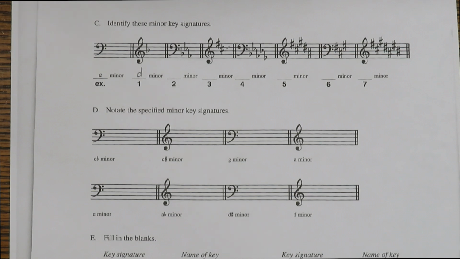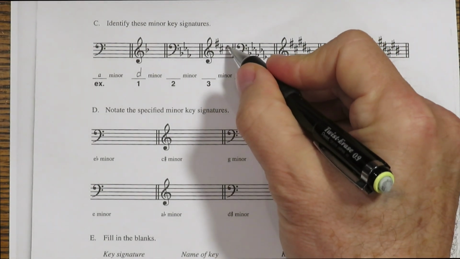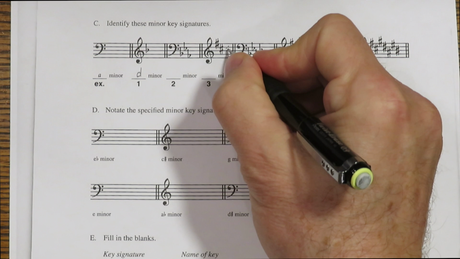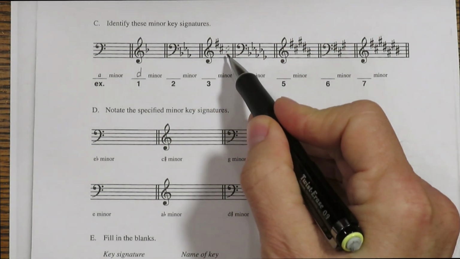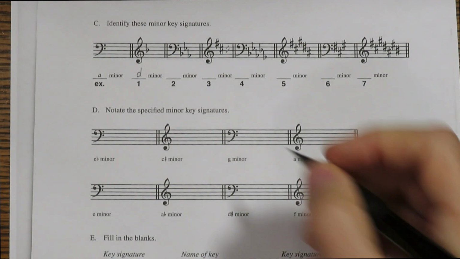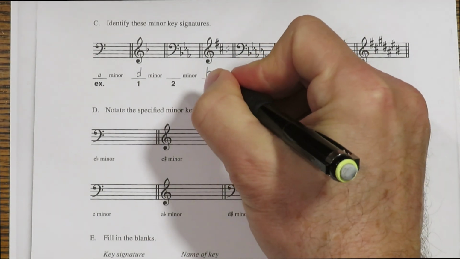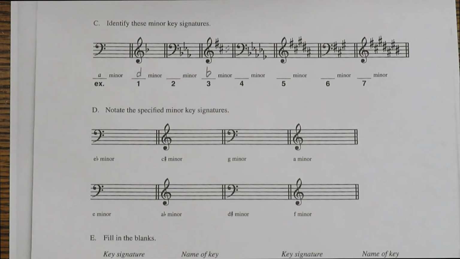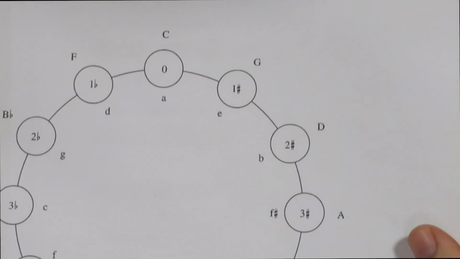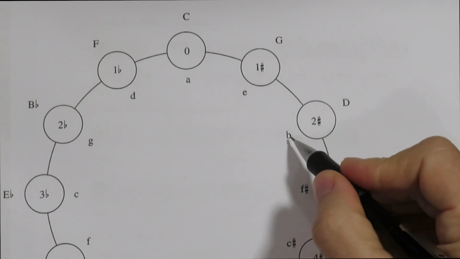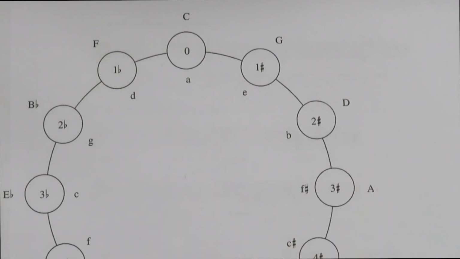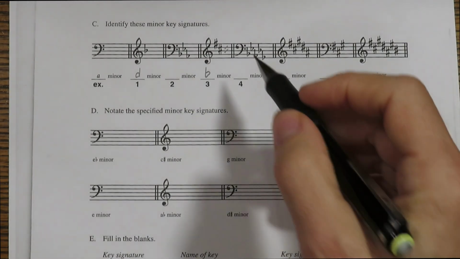Now if you want to find the relative minor of D major, you go down a minor third, and that would lead us to B. So this is the B minor scale. And to check that, we look here, 2 sharps, B minor. Okay, so that's a good trick to know.